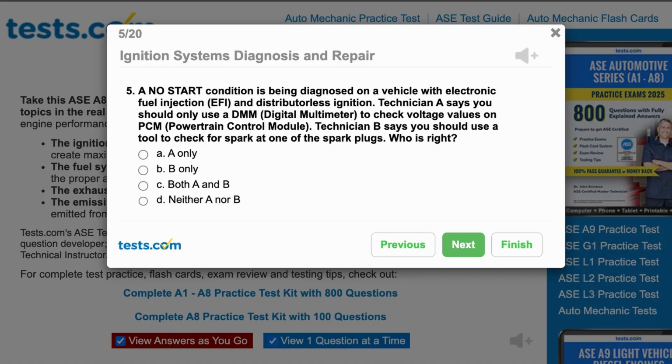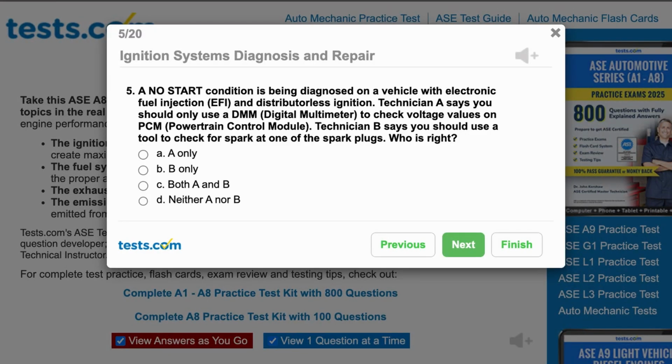Ignition systems diagnosis and repair. Question 5. A no-start condition is being diagnosed on a vehicle with electronic fuel injection, or EFI, and distributorless ignition. Technician A says you should only use a DMM, digital multimeter, to check voltage values on PCM, powertrain control module.